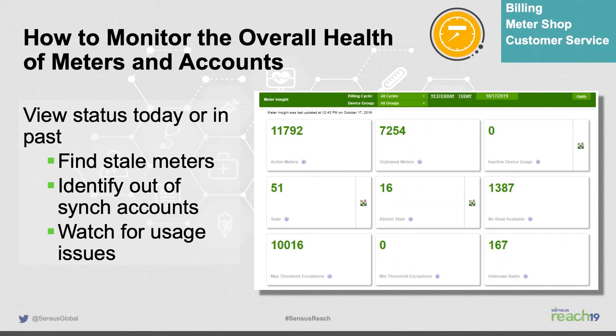Almost stale and stale, for each utility you can pick what time frame you consider that. By default, we say almost stale is 48 hours, we haven't heard something. Stale is 72 hours, 3 days, we haven't heard anything. And so that's configurable, and several of these, the thresholds or the timing is configurable depending on your process.